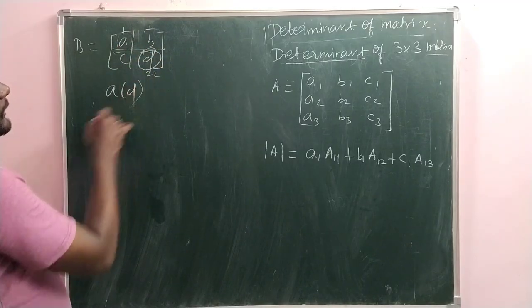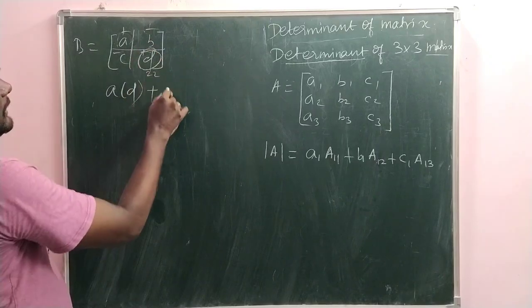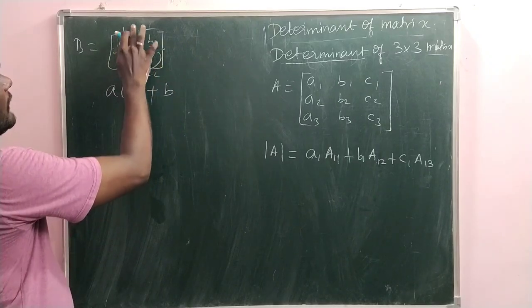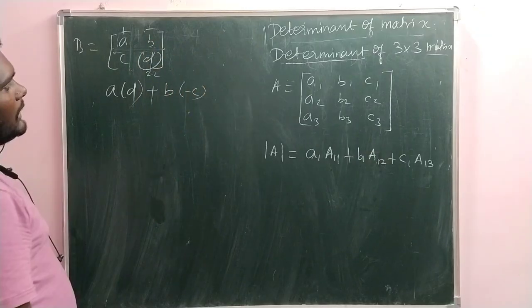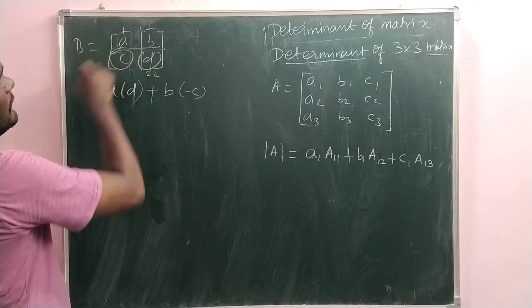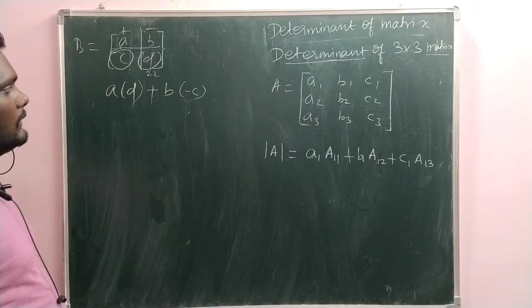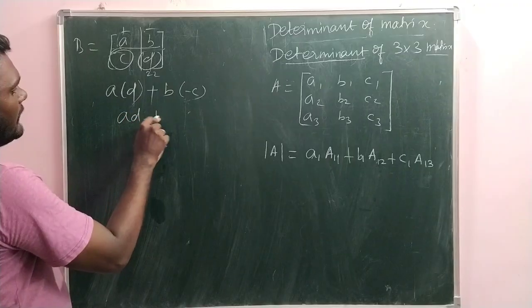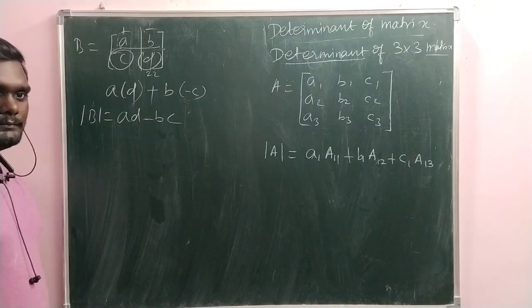So A into D plus what is second element? B. So which one is the cofactor of this one? Minus C. Leaving this row and column of B, this one I am saying cofactor, not minor. So that is what we get, AD minus BC. That is the determinant value of the 2 by 2 matrix.